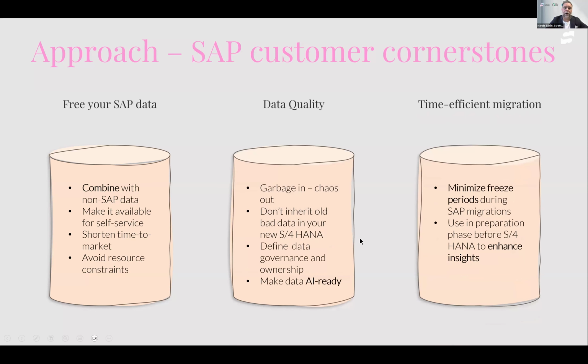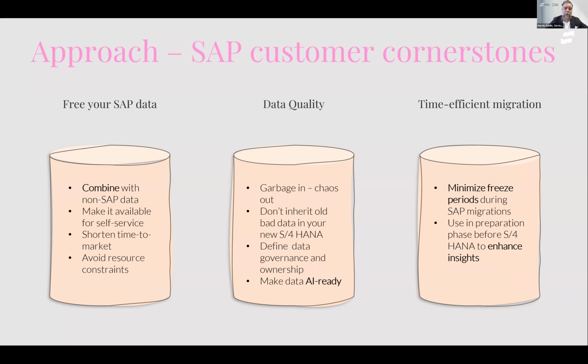And then we have data quality. Again, we talked about that. So garbage in, chaos out. We also see that a lot of customers are planning, of course, to move to S/4HANA. Some of you participants here today are either on the way, or you have been on the way for a while, or you're planning to go for S/4HANA. Well, one really important thing is data quality. So why bring data quality issues from your old ERP systems to the new S/4HANA system?